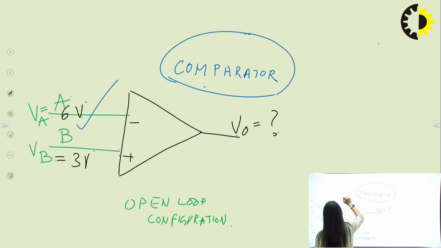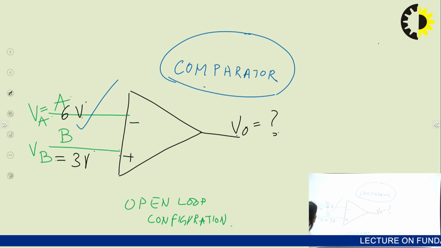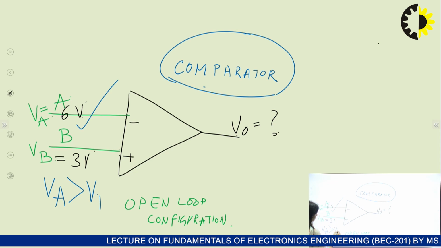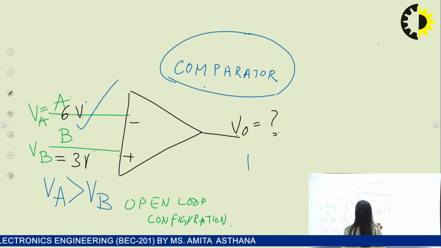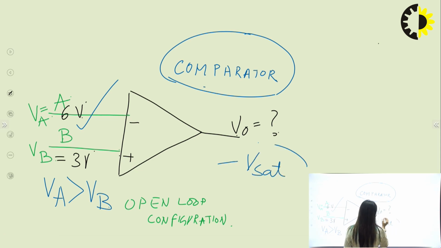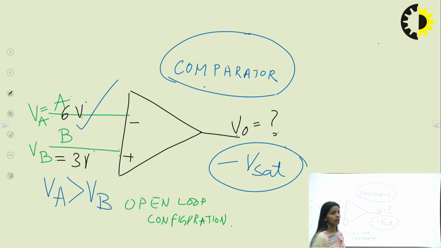Since this VA is greater than VB, the output of the OPAMP will be minus VSAT, the saturation voltage. There are only two possible outputs for the OPAMP.